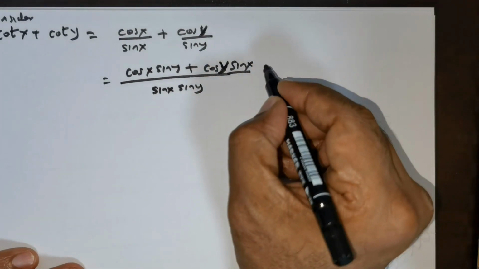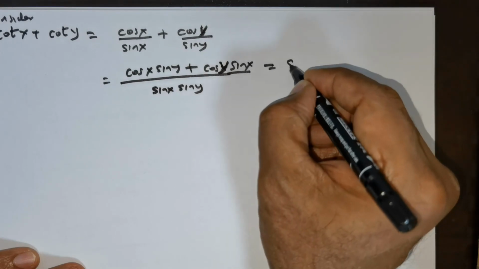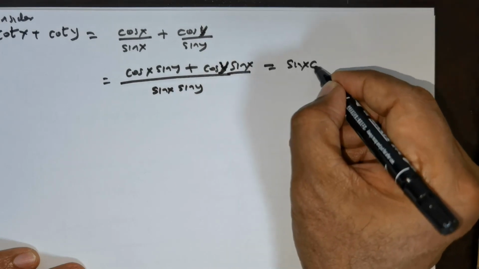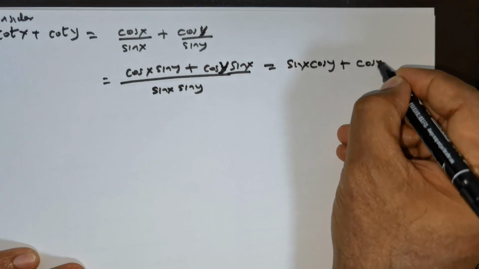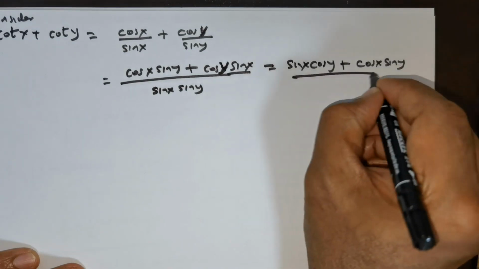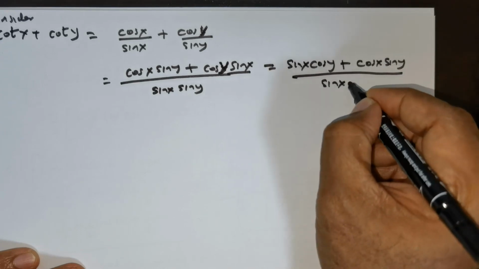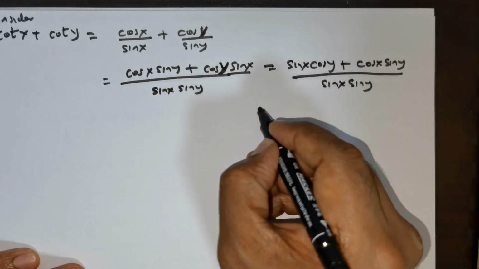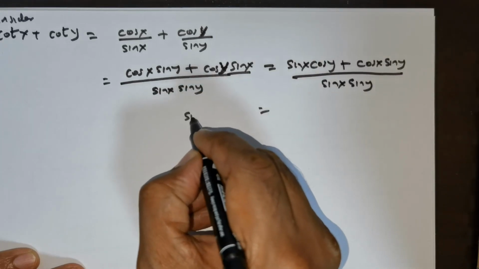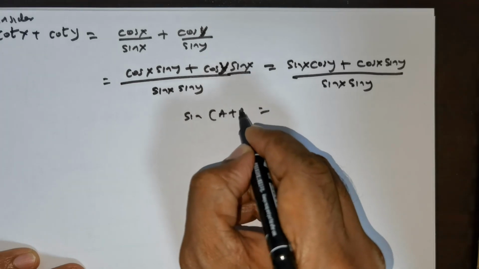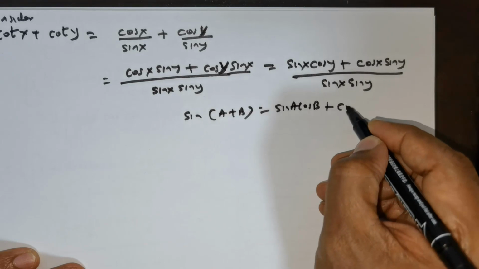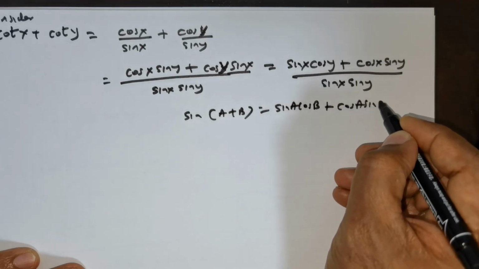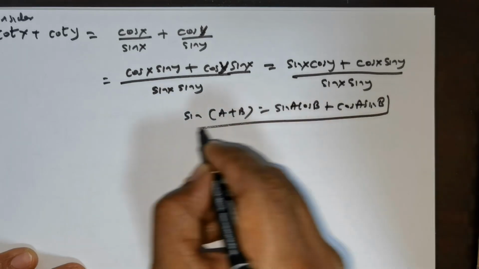Now if I were to rewrite this as sin x cos y plus cos x sin y divided by sin x sin y, this is nothing but the popular sine of a plus b formula, which is sin a cos b plus cos a sin b.